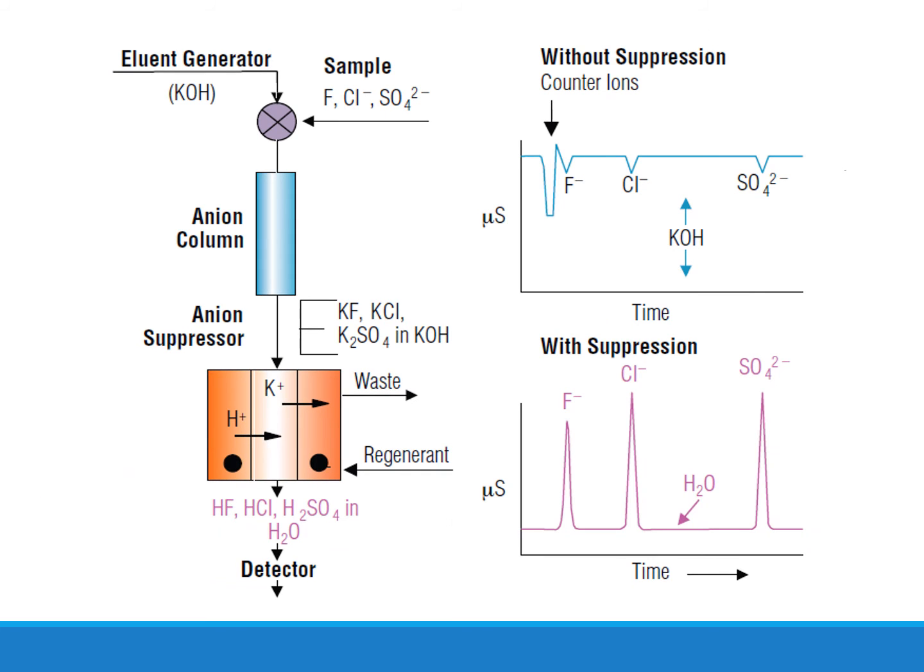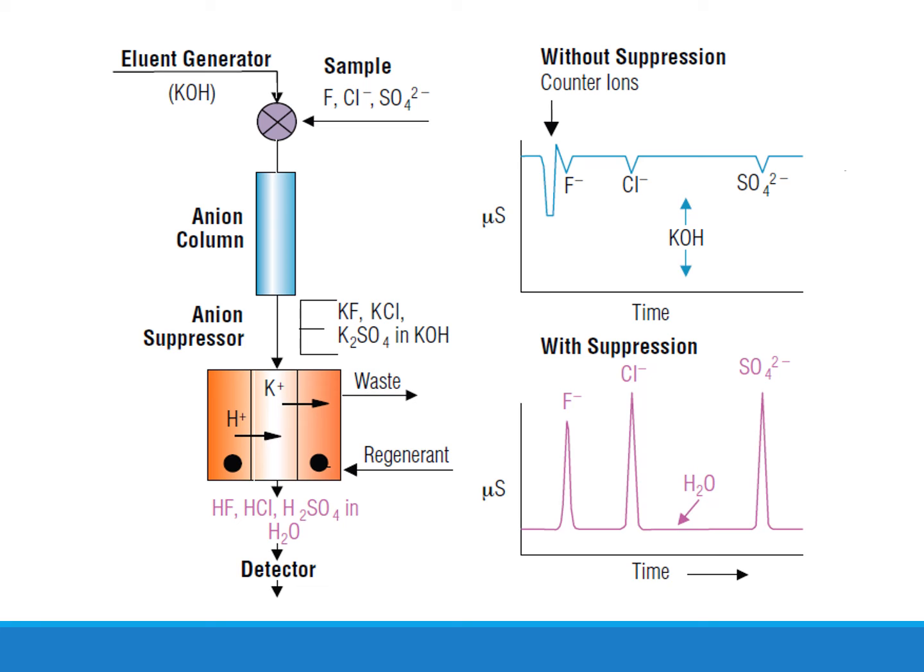Now the exact principle of how the suppression works. Here we have again an anion separation, fluoride, chloride, sulfate. It's separated on an ion exchanger. The mobile phase, in this case, is potassium hydroxide.